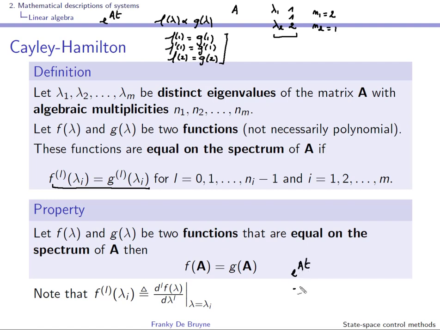What we'll do here is use the function e to the lambda t. We'll design a polynomial function g(L) that is equal to f(L) on the spectrum of A, and then since f of A, that's e to the At, is equal to g of A, we'll have a means of computing this exponential.